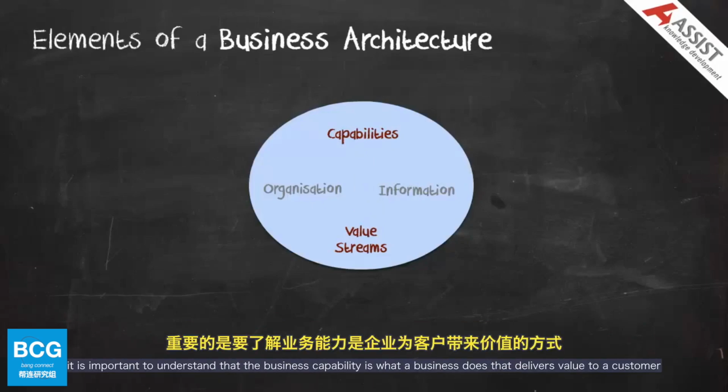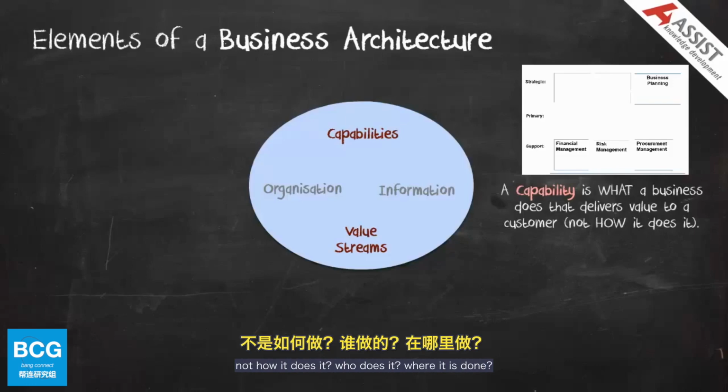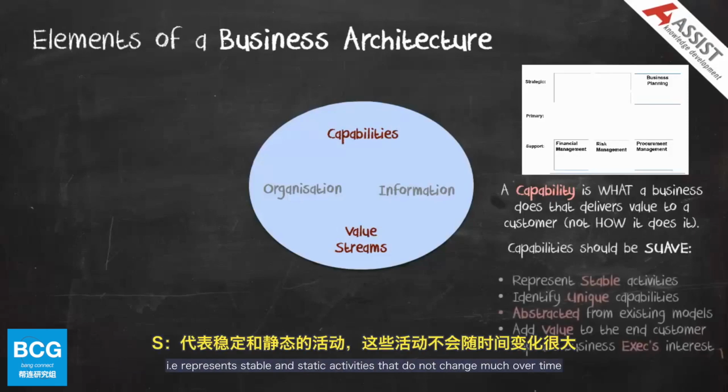It is important to understand that the business capability is what a business does that delivers value to a customer, not how it does it, who does it, where it is done, or in fact how well it is done. A useful acronym to emphasize the attributes of a good capability is that it should be SWAV, i.e. represent stable and static activities that do not change much over time.